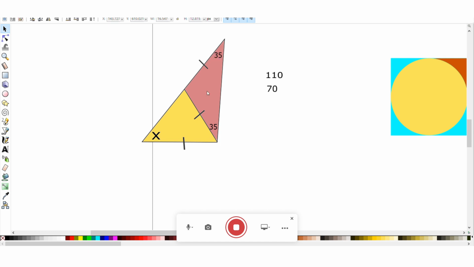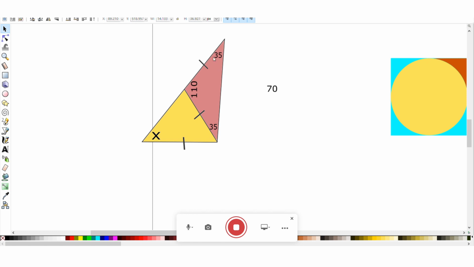Now, if you pay attention to the pink triangle, all 3 angles, 1, 2, and 3, must add up to 180. So 35 plus 35 is 70. 180 minus 70 is 110. So that means this angle over here, let me just make it look neater there, is 110.